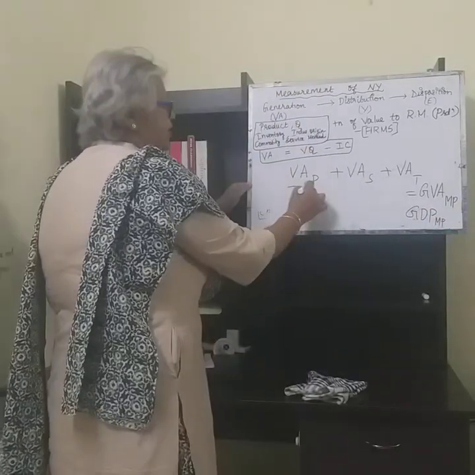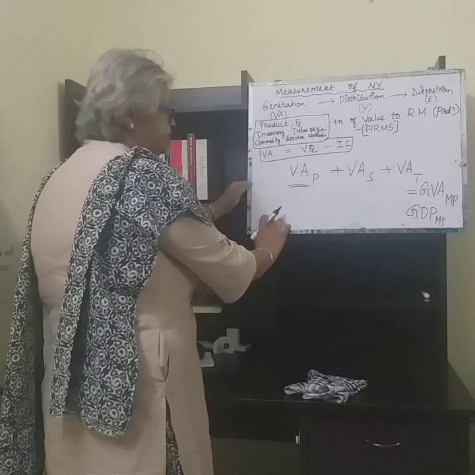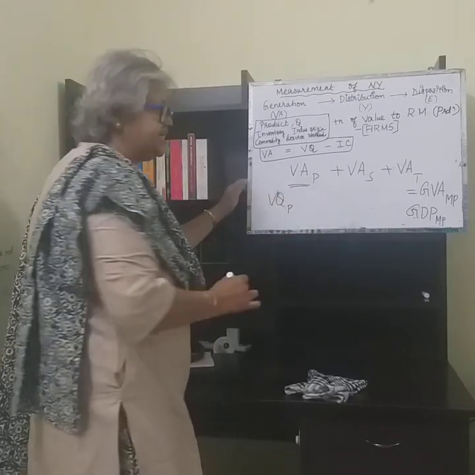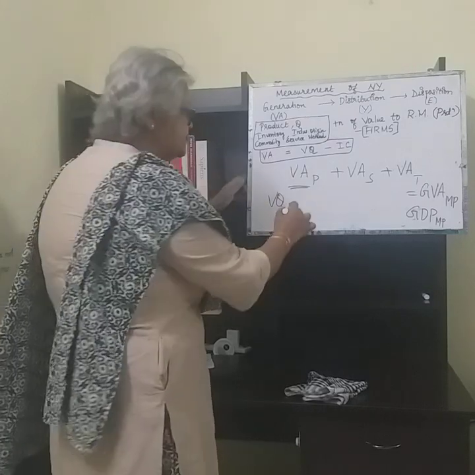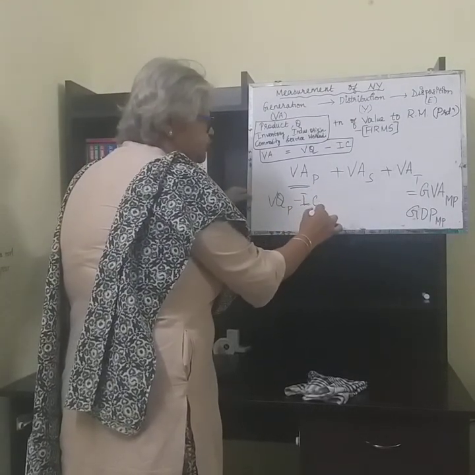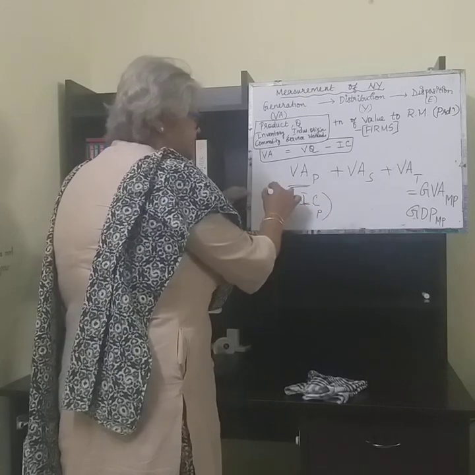So, value added of the primary sector will be the value of the output of the primary sector, which has to be identified first, less the intermediate consumption expenditure of the primary sector.